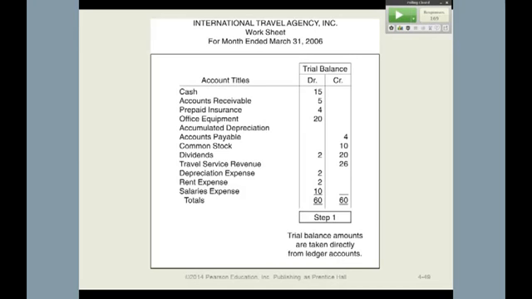So go to this illustration, and we're going to keep the illustration as simple as possible. And all these numbers are given.